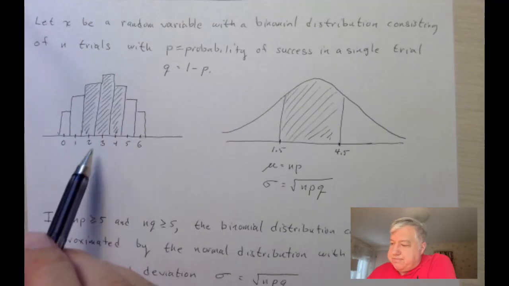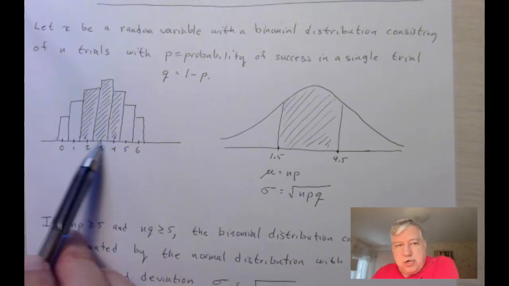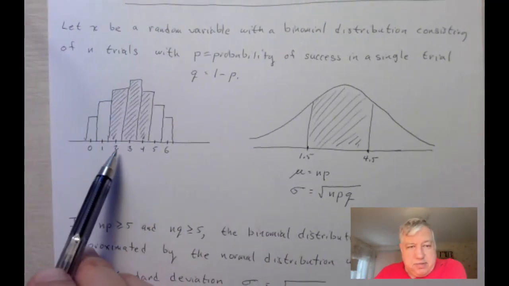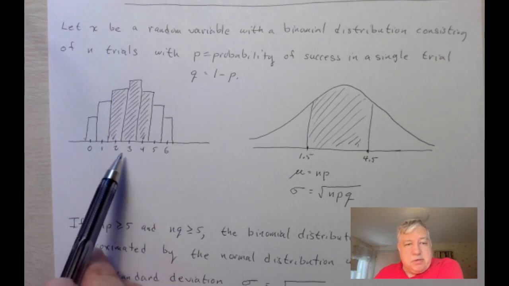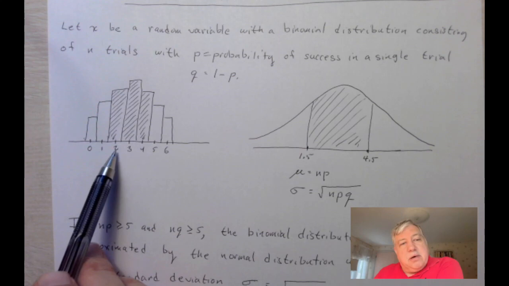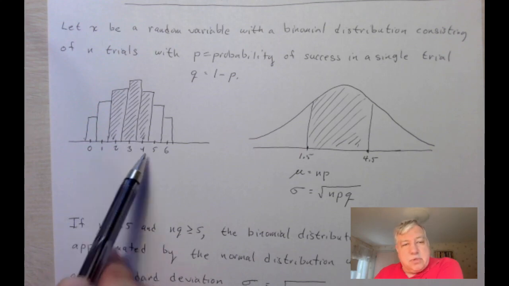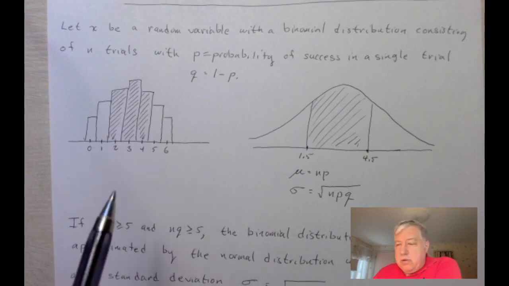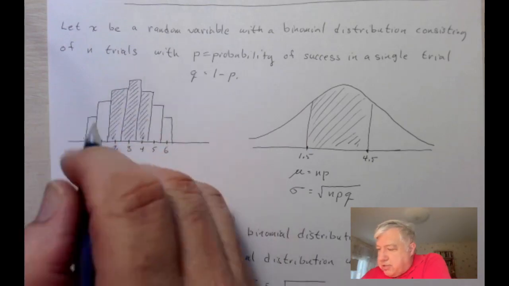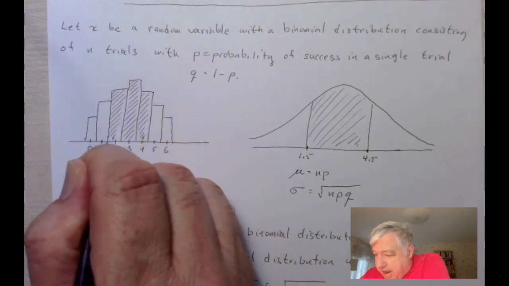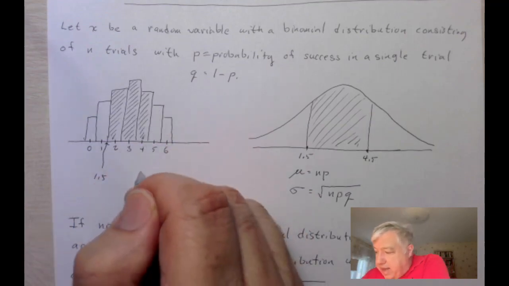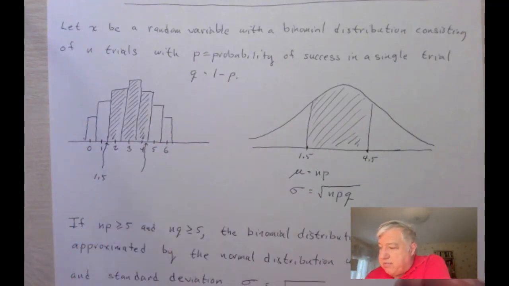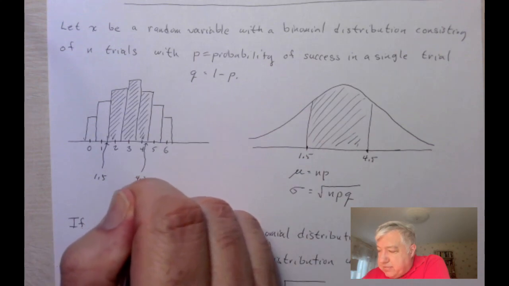For example, in this case, this shaded area represents the probability that x is either 2, 3, or 4. That is, the probability that x is between 2 and 4. Notice that this shaded region begins halfway between 1 and 2, at 1.5, and it ends halfway between 4 and 5, at 4.5.